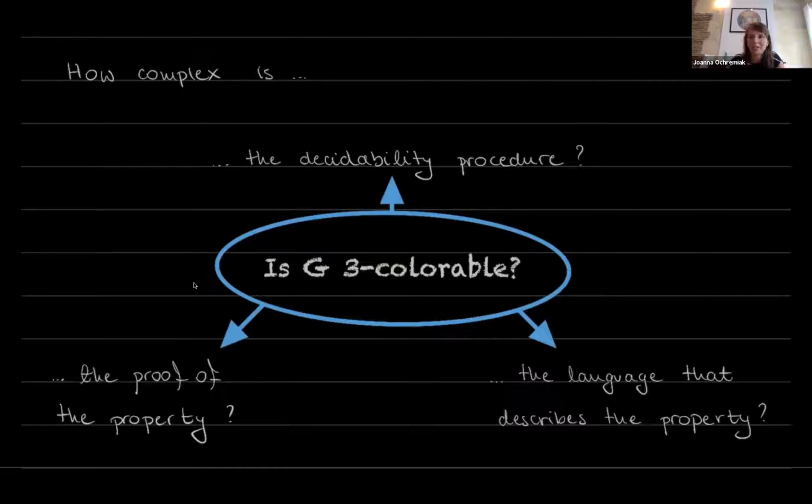For instance, it's not very difficult to see that in first order logic we cannot describe three-colorability, and then second order logic is enough, but we can ask about different logics whether this property is expressible in them. And then there's the question that I want to focus on today: how complex is the proof of the property? If I want to prove to you that the graph is three-colorable, then what does it take?